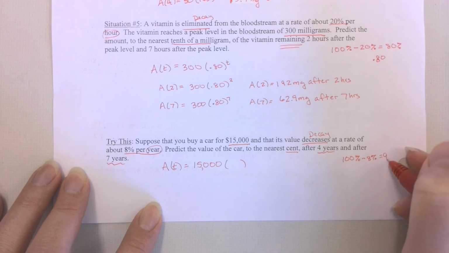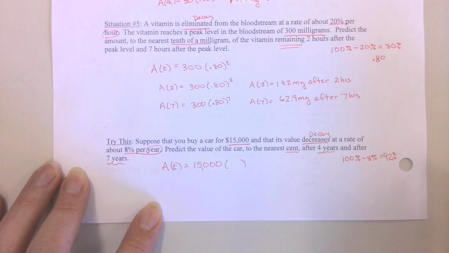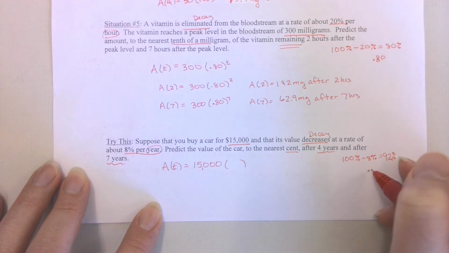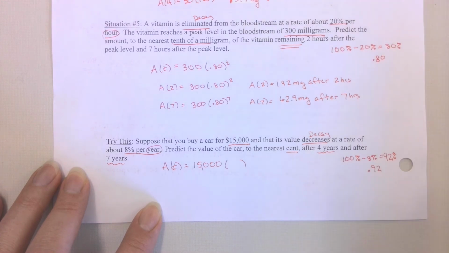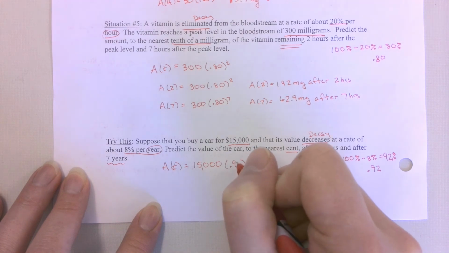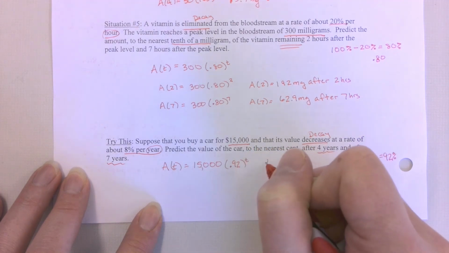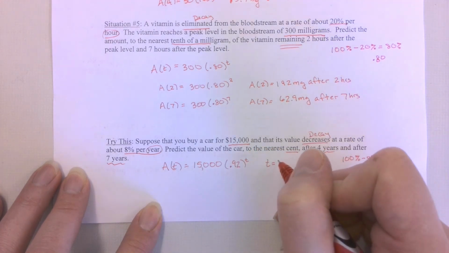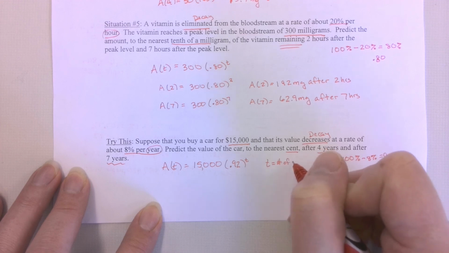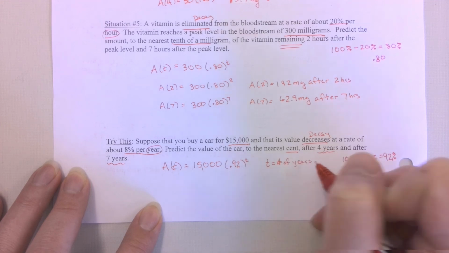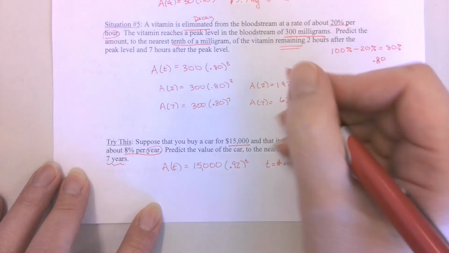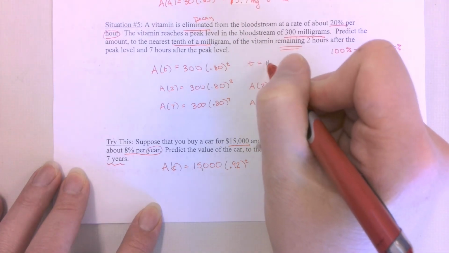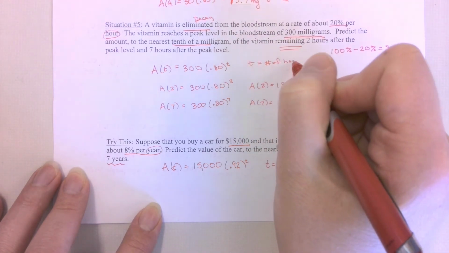And that leaves us 92% remaining at the end of the year. And so that 92% is going to be a multiplier of 0.92. So plug in our 0.92 to the power of t. And I do want to keep defining that t is the number of years. I did forget to define t up here. T stood for the number of hours.